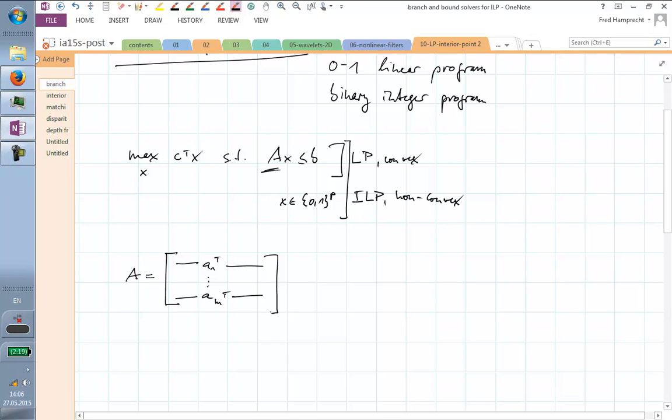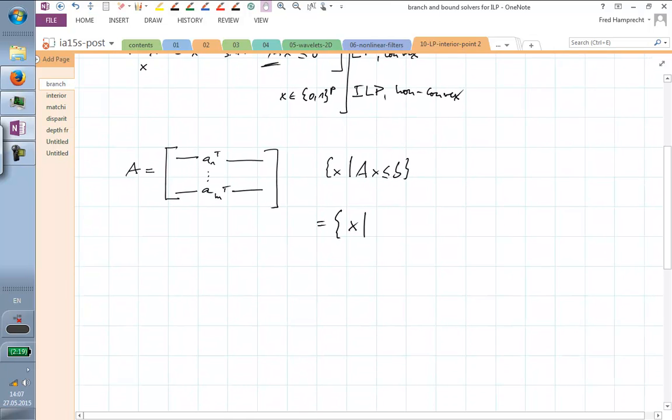And if we look at this set of points x that fulfill our conditions, then I can also write this as a series of conditions. So I can say it's the set of points x for which this holds for every i.